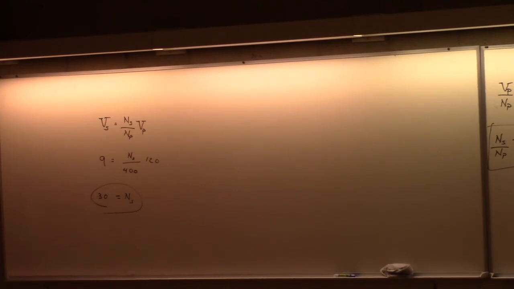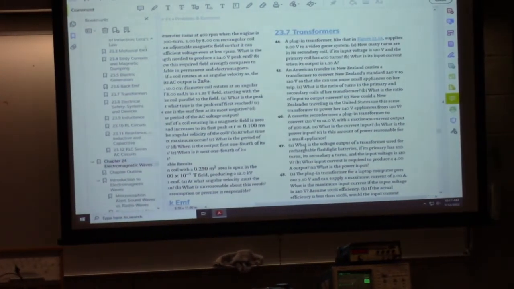And I think 46 is a little discussion about the current. 46 says a cassette recorder uses a plug-in transformer to convert from 120 down to 12 volts with a maximum output current of 200. What is the input?